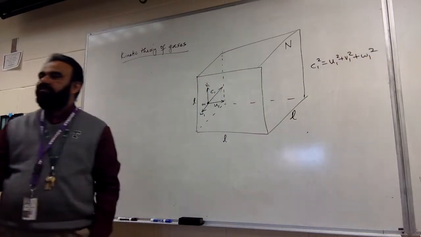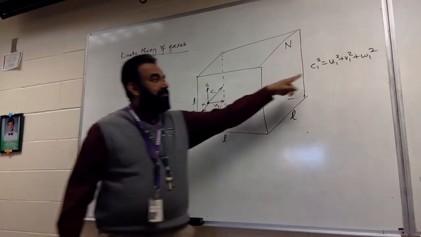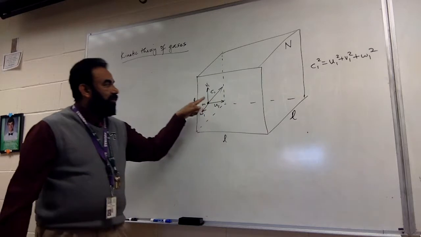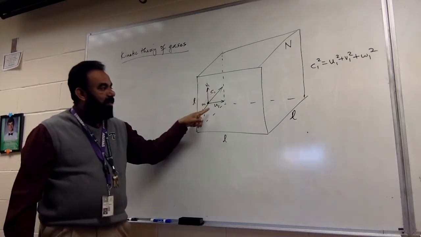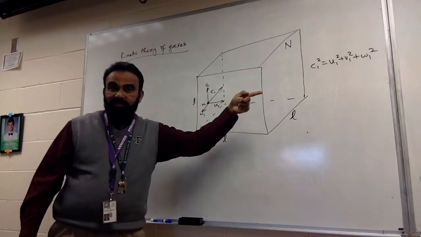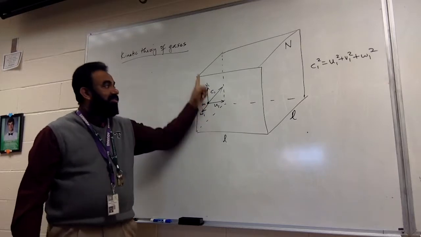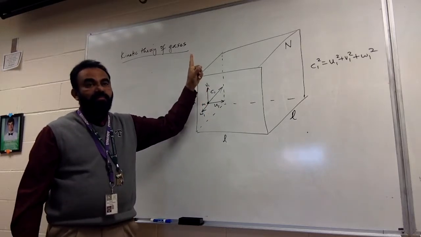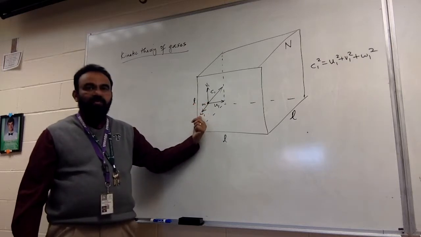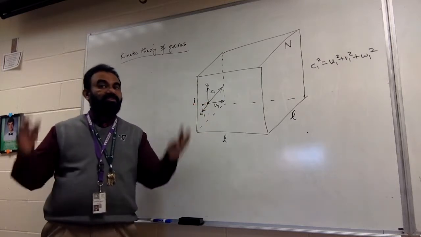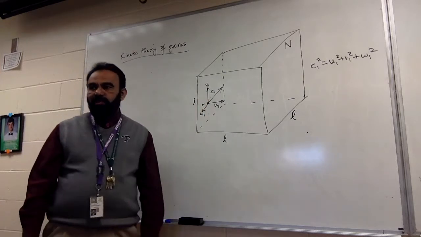Just understand that. This is the relationship. So this molecule is moving with a momentum of mu1 in that direction, and in that direction with mv1 momentum, and the same molecule is moving towards the other wall with mw1. So it has three momentums, and the resultant of all three momentums is mc1.